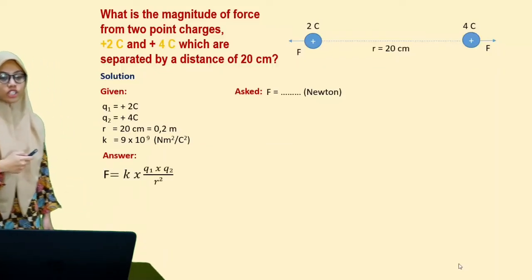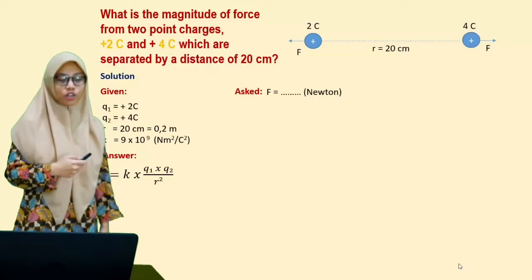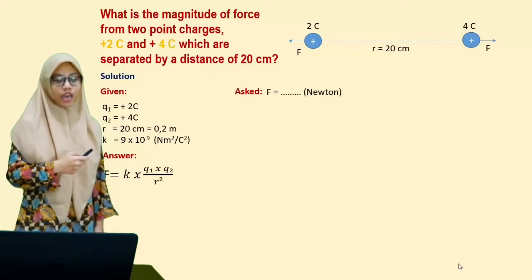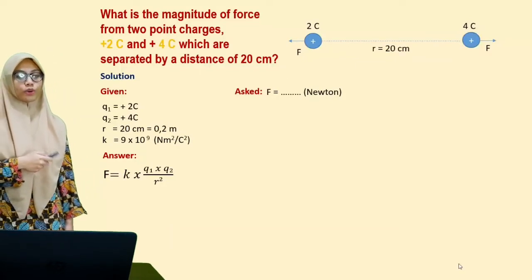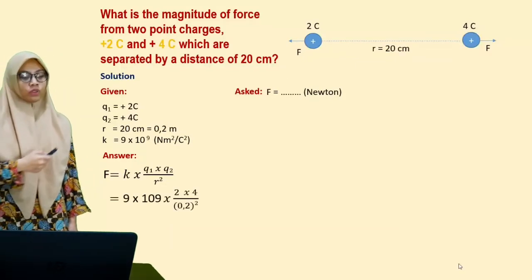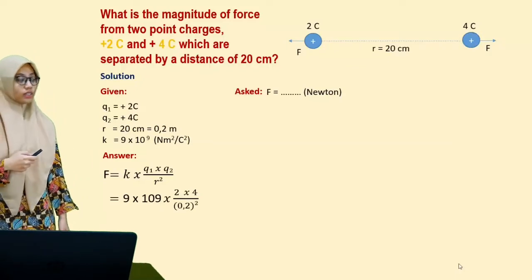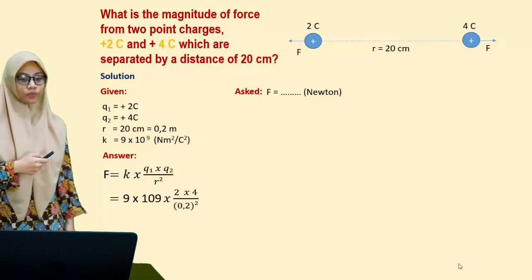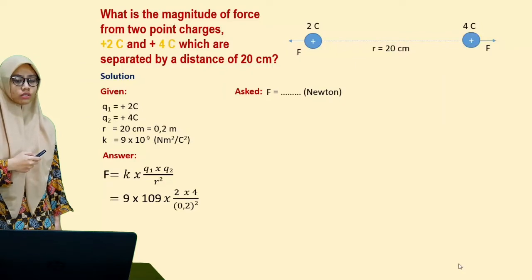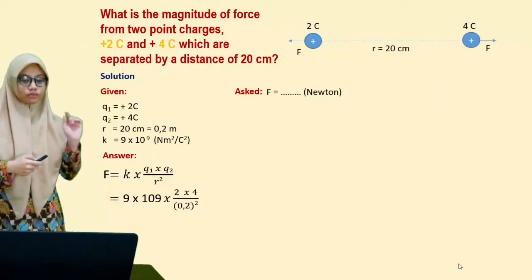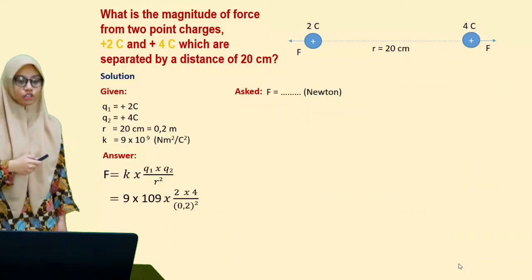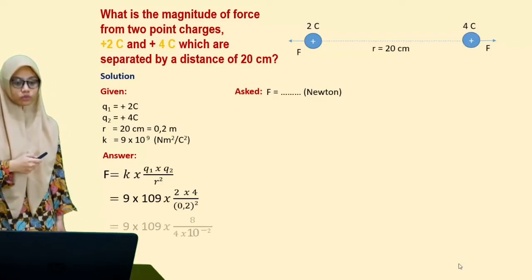Okay, to answer the question, we must write the formula. The formula is F equals K cross Q1 cross Q2 per R squared. We enter the value of K, which is 9 cross 10 to the power of 9. And then Q1 is 2, Q2 is 4, per R squared is 0.2 squared.